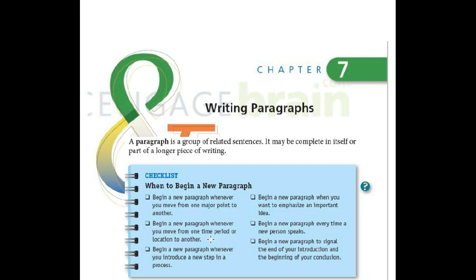You would use new paragraphs, obviously, if you are in 1898 in one paragraph and 1900 in the next. Why? Because the reader needs that break, that shift. When someone reads a paper or a magazine article or a blog online, you're taking in the information.